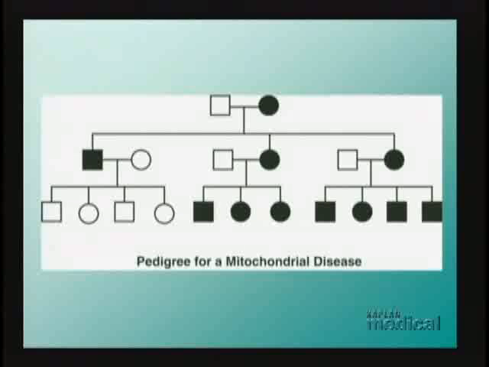And in the middle and lower right parts of the screen, you can also see each of those affected mothers has only affected children. On the left part of your screen, you will see an affected father, and I think you can see that none of his children will be affected, because mitochondrial diseases show maternal inheritance. They are only inherited through the mother.